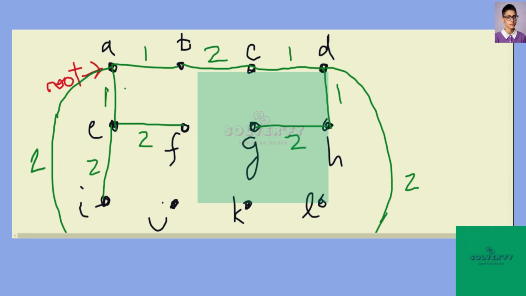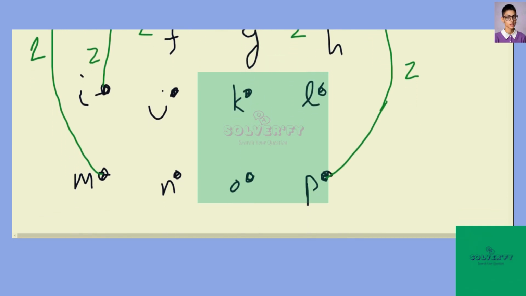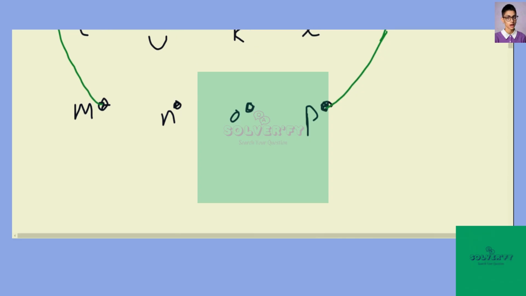Let's add the edge MN. So now we're considering the new vertices we've added here. We still have the minimum weight of 2. If we add MN, we don't get a circuit. It still has a weight of 2. And if we add NO, NO also has a weight of 2, and if we add NO, we don't get a circuit, so we can add it.